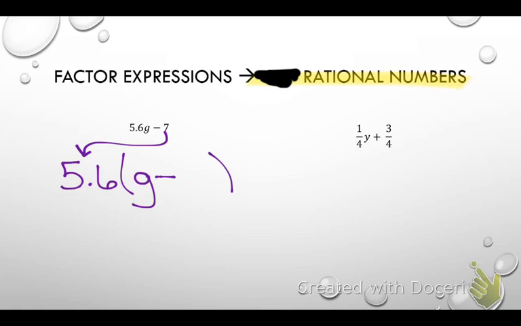You are dividing. What's 7 divided by 5.6? Kayla, what is it? No, you went the wrong way. It's okay. What's 7 divided by 5.6? Yes, Jason. 0.8. Okay, guys, there's a couple mistakes here that are coming to the surface.